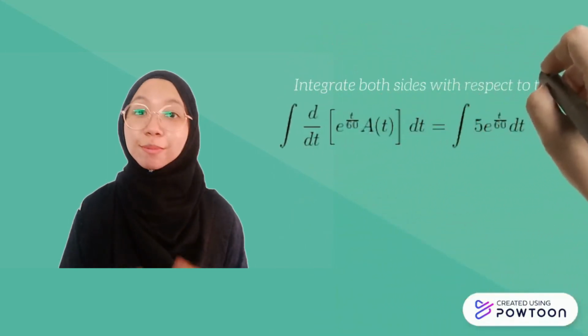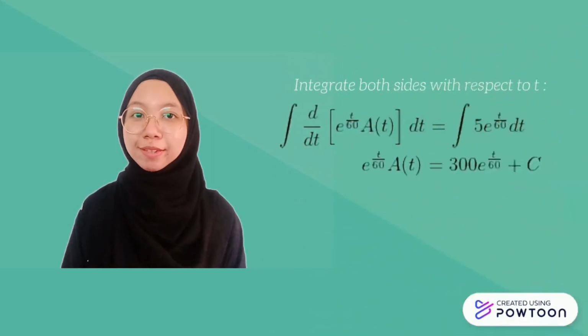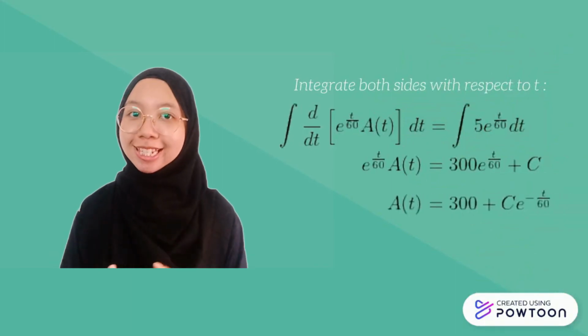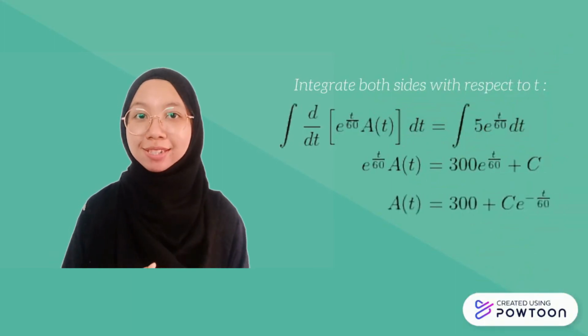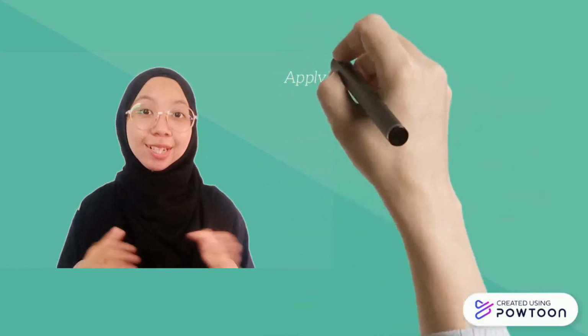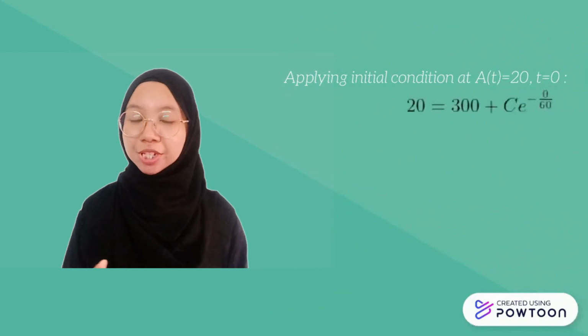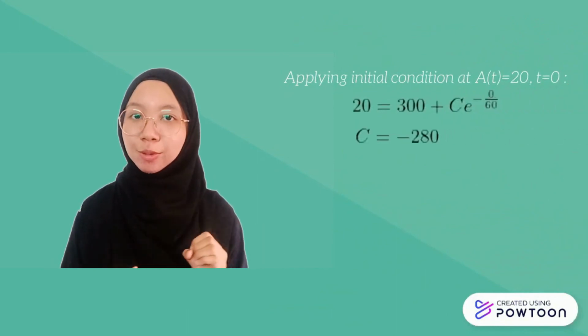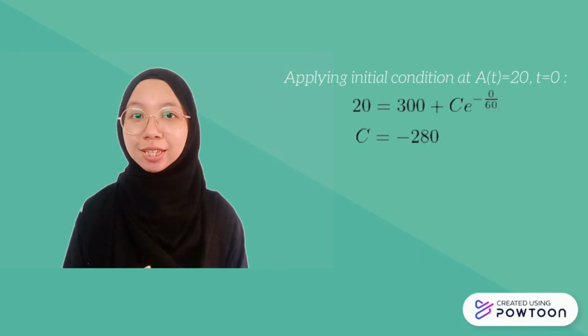Next, integrate both sides of the equation with respect to t. Then, simplify to obtain A(t) equals 300 plus c e to the power of negative t over 60. Now, applying the initial condition where A(t) equals 20 at t equals 0 to get c equals negative 280.